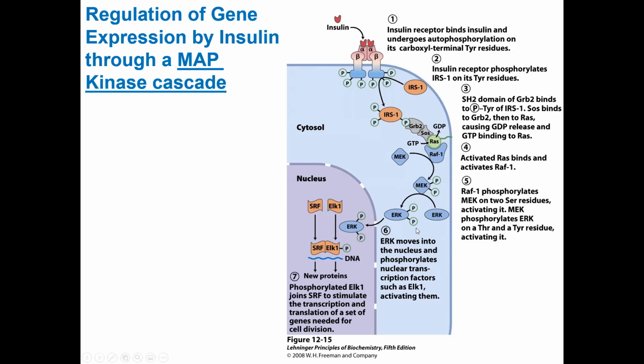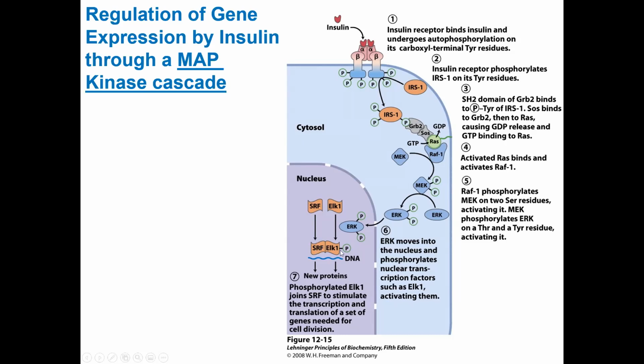Once ERK is phosphorylated, that is a signal for it to move into the nucleus. It will move into the nucleus and then phosphorylate a transcription factor, for example, ELK1. And once ELK1 is phosphorylated, it will bind another protein here, for example, SRF protein, serum response factor protein.